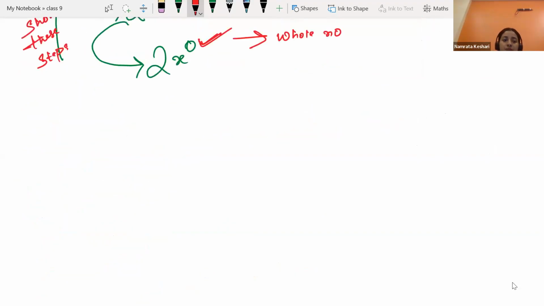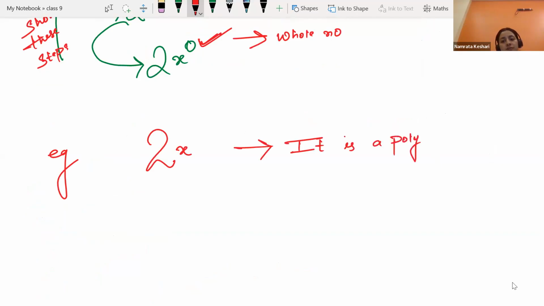Next example. If I am writing 2x, is it a polynomial? Naisha and Pranav. It is, ma'am. Okay, it is a polynomial. Why, Naisha? It's because the rule says that if there is an exponent, it should be a whole number, then only the thing is a polynomial.